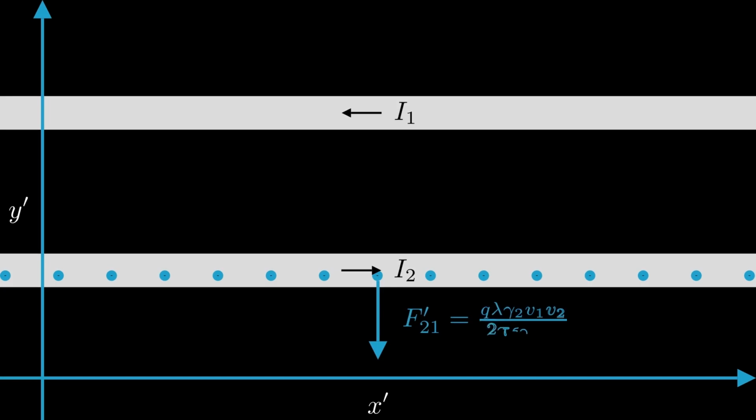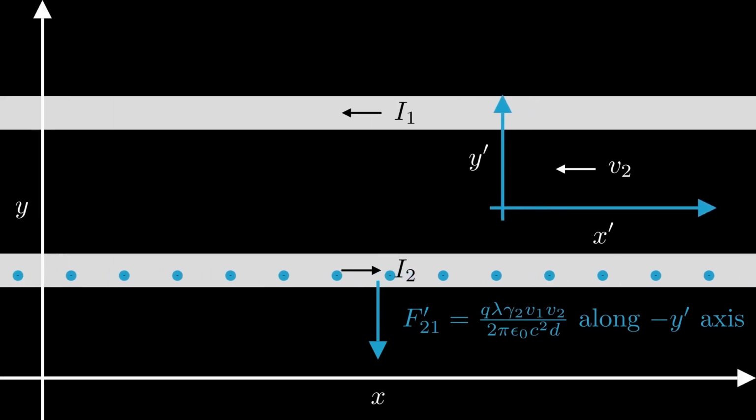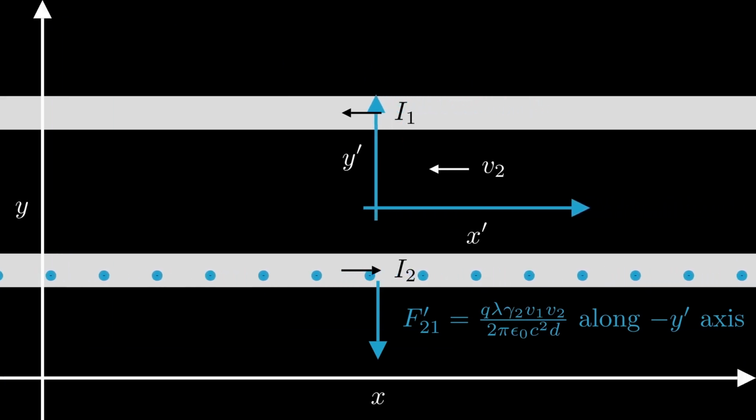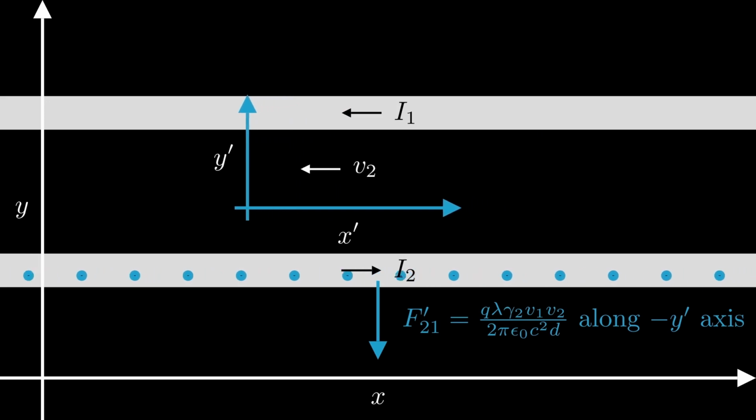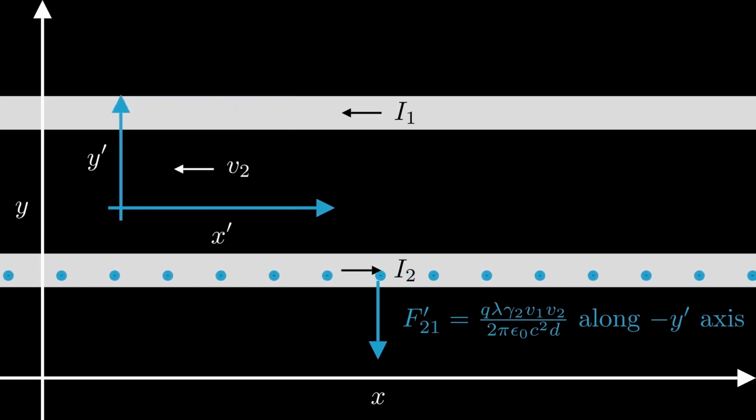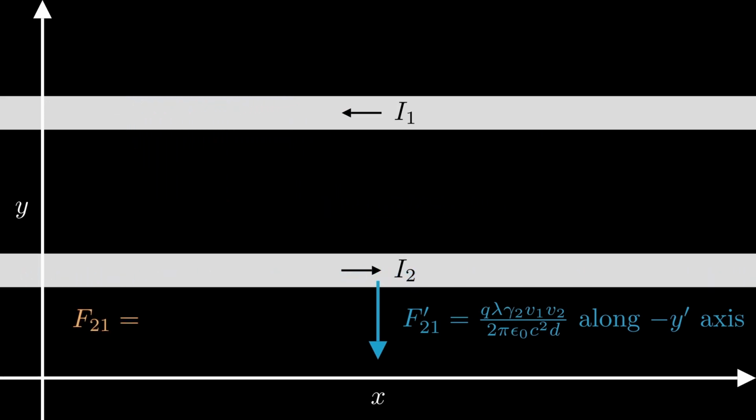Since there is force on the electrons in both the wires in the x prime y prime frame, perpendicular to the direction of motion of the frame, there will be force on the electrons in the laboratory frame as well in the same direction. The magnitude of this force in the laboratory frame can be calculated using the relativistic transformation rule for force, which for the electrons in wire 2 gives the magnitude as F21 prime divided by gamma 2.